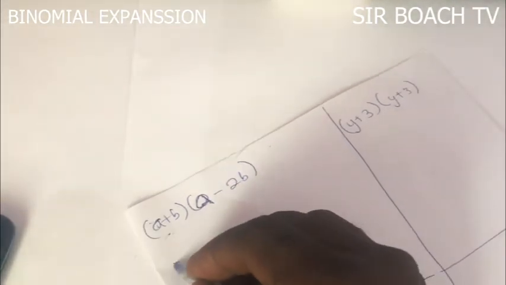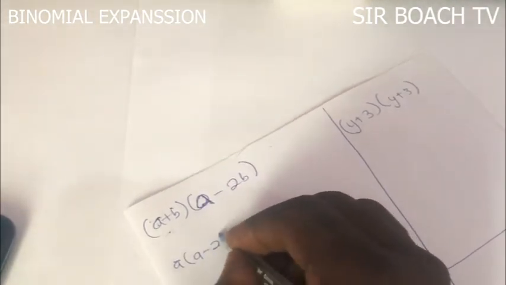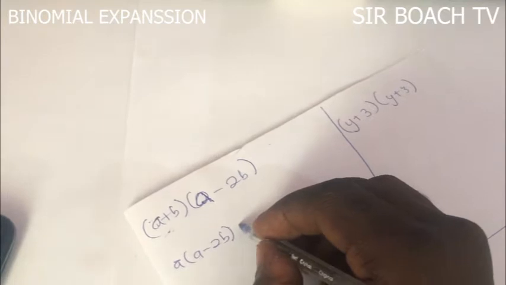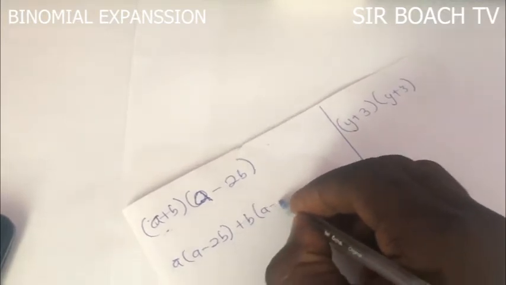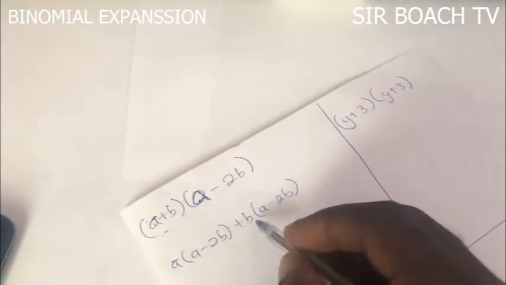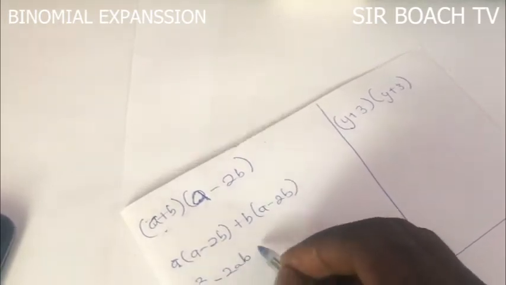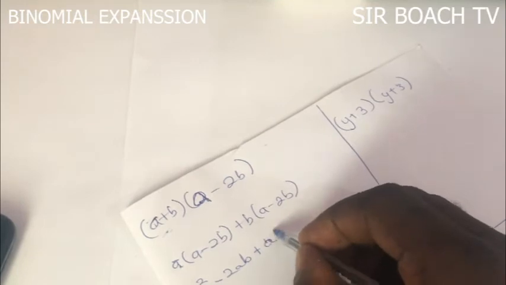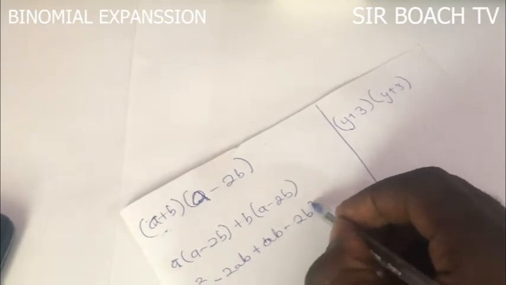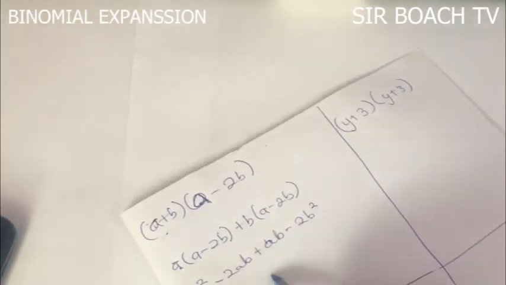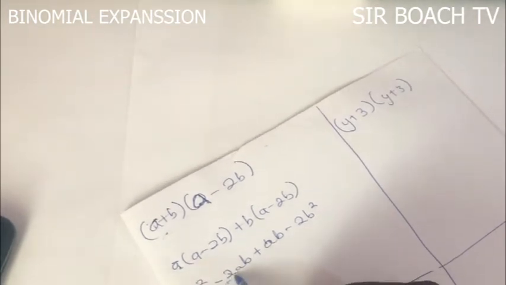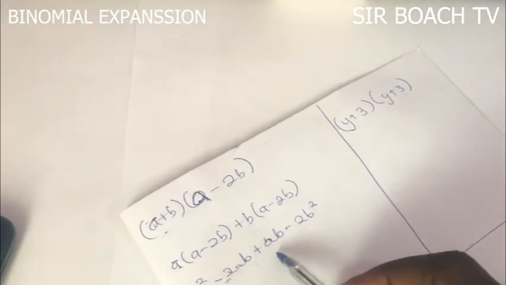So we are getting a bracket, a minus 2b, then plus b bracket, a minus 2b. Then we multiply. A times a gives you a square minus 2ab plus ab minus 2b square. But we can see that we have minus 2ab here and ab here, so we can subtract.